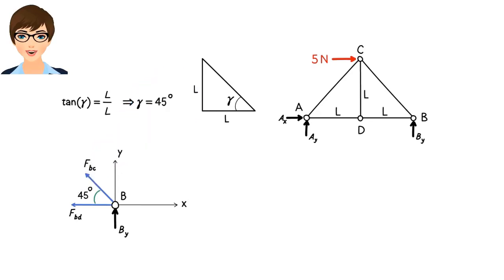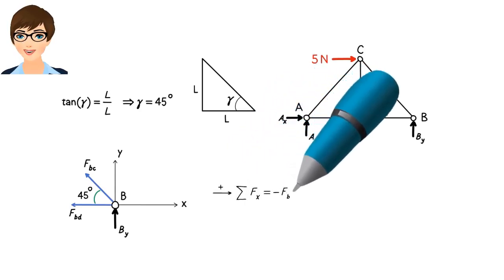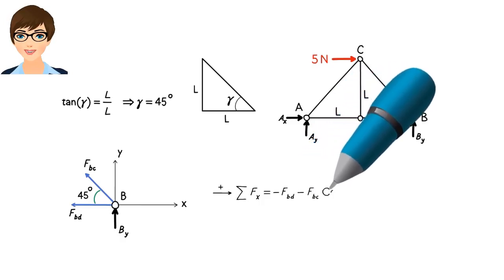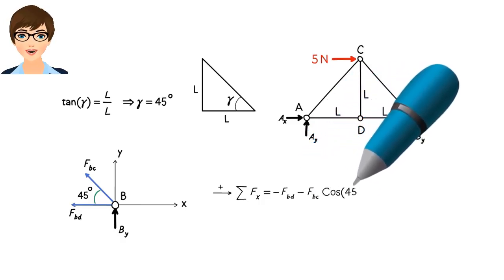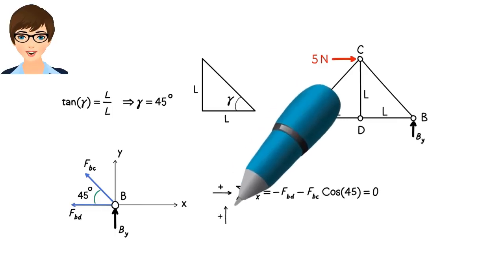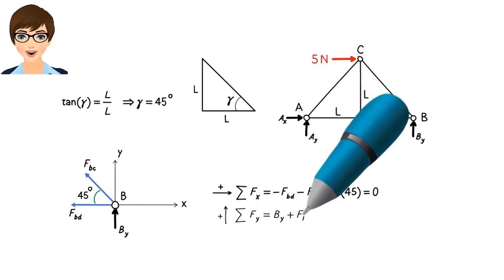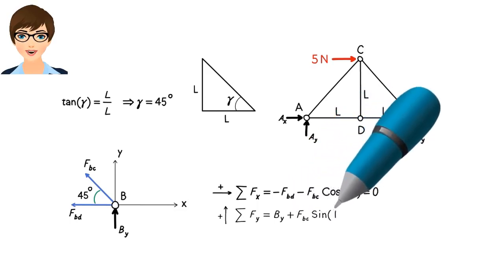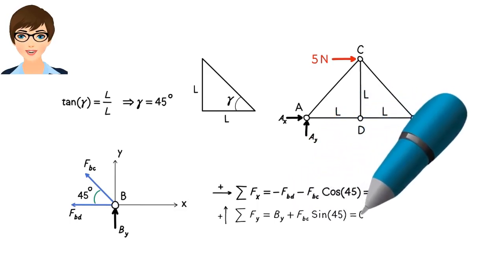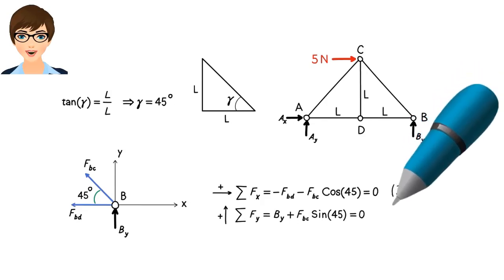Here, the equilibrium equations are sum of the forces in the x direction equals negative FBD minus FBC cosine 45 equals 0. Sum of the forces in the y direction equals BY plus FBC sine 45 equals 0. Let's number these equations 3 and 4.